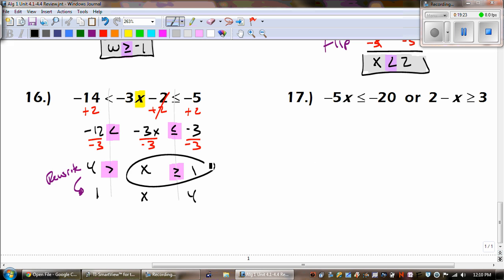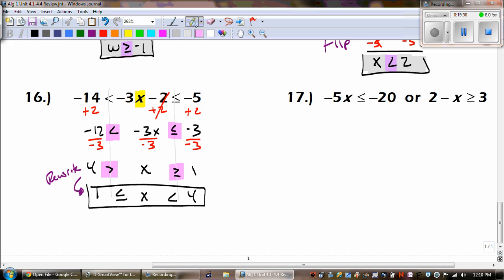Okay? So right here, the inequality is pointing at the 1. And in our second inequality, it's pointing at the x. So here's our answer. And now let's graph.